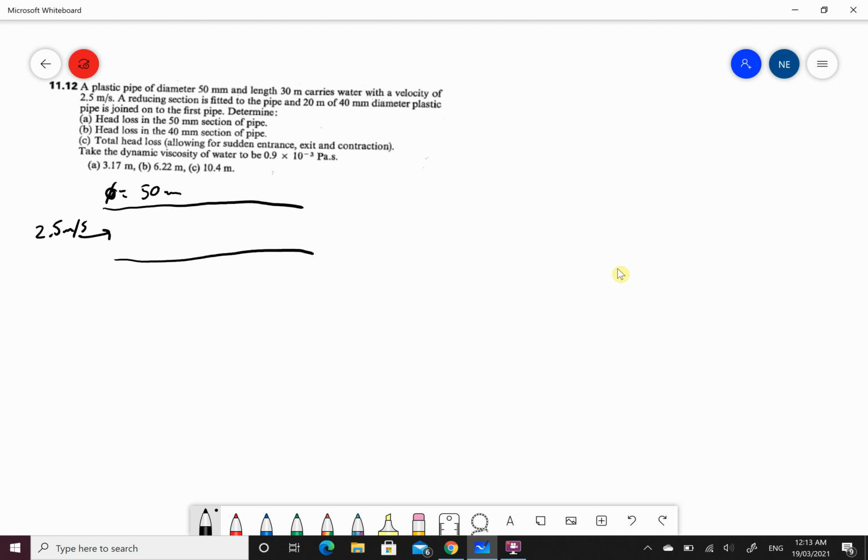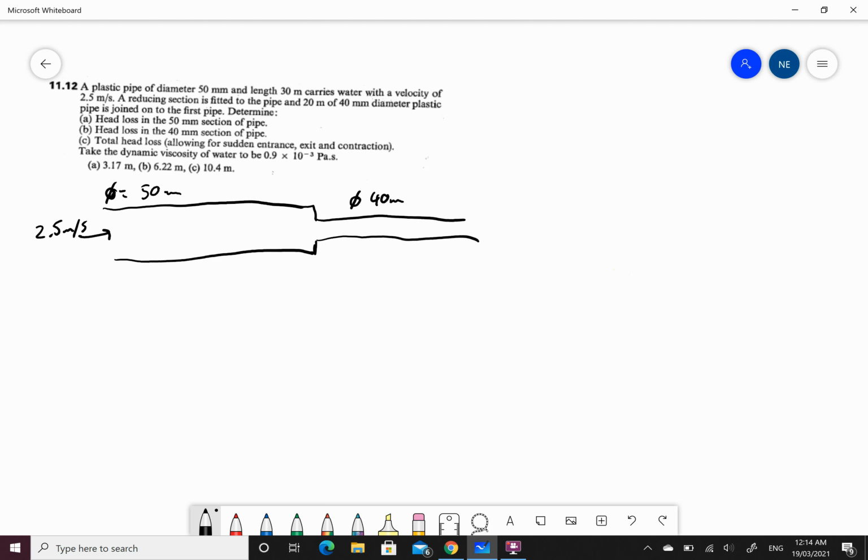And then a reducing pipe is fitted. So somewhere here it shrinks and comes this way. It's a bit extreme, but that's how it looks. Something like that, and that drops down to 40 mil. So here I have 40 millimeters.